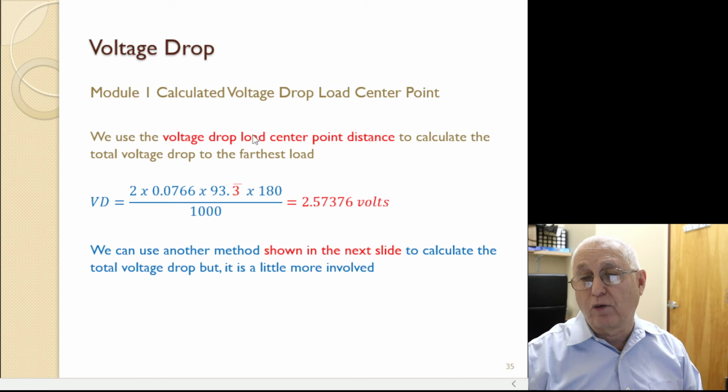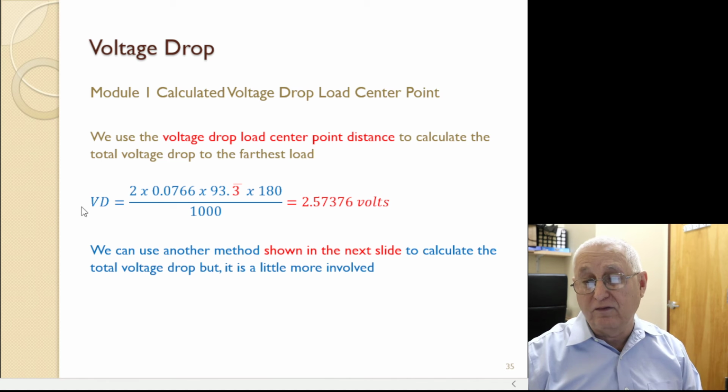We use a voltage drop load center point distance to calculate the total voltage drop to the farthest load. That's that 40 amp load. So we have 2 times 0.0766 ohms, and we get that from Chapter 9, Table 8 of the National Electrical Code.